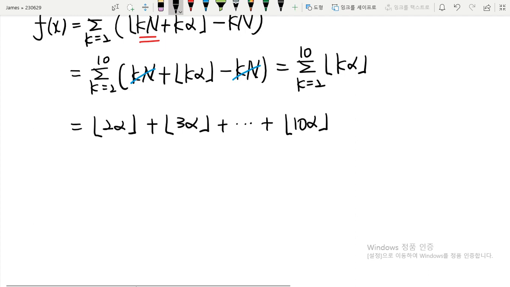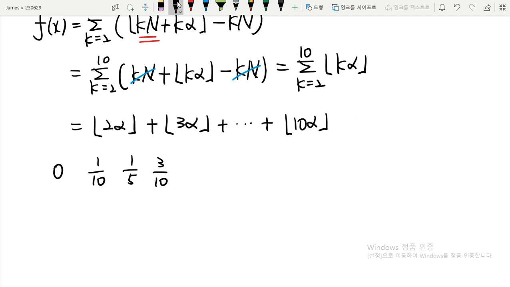So the lowest value for alpha is 0. When alpha is 0, all the values become 0, so f of x is 0. That's one value. And then let's start with this 10 times alpha. To make 10 times alpha an integer, alpha should be 1 over 10 and 2 over 10. 2 over 10 simplified is 1 over 5.